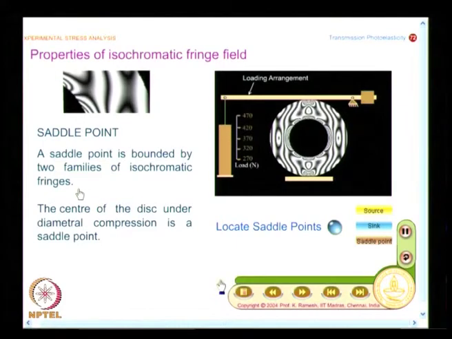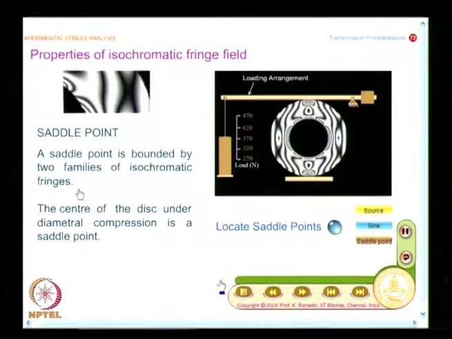So, in one direction you will have fringes increasing, in another direction fringes will be decreasing. So, it essentially gives you the gradient information. So, I should identify saddle points in the field, and this is more to check. Suppose I have ordered the 0th fringe order, and then I am moving from 0th fringe order and I label it.